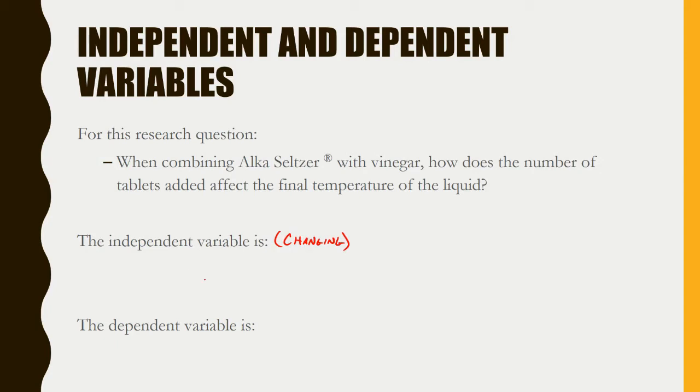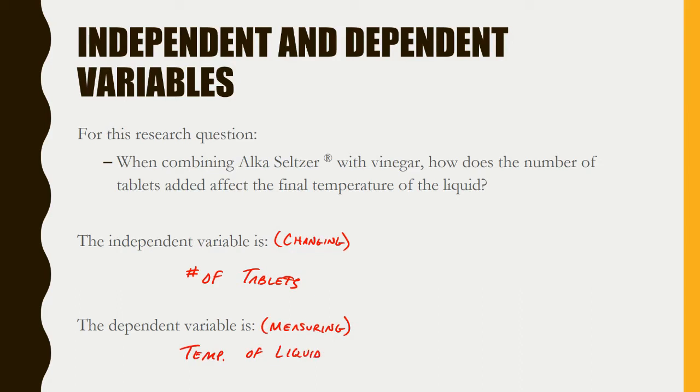Yeah, the number of tablets. And the dependent variable, remember, is the overall effect. That's what you're measuring at the end of each trial. In this case, this is the temperature of the liquid.